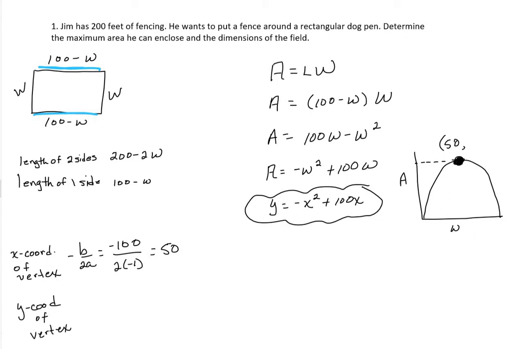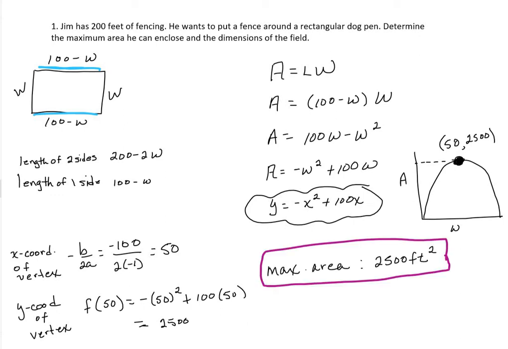Okay, to find the y-coordinate of the vertex, I'm going to find f of 50. So put 50 in place of w, and we get 2,500. So I'm going to label this over here on my graph. So the maximum area is 2,500 square feet.